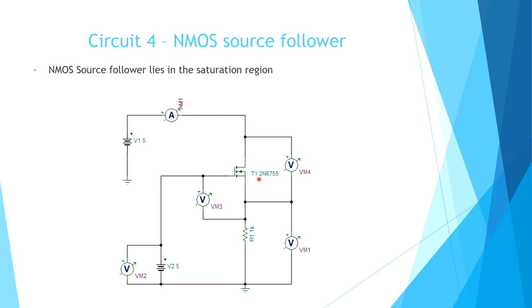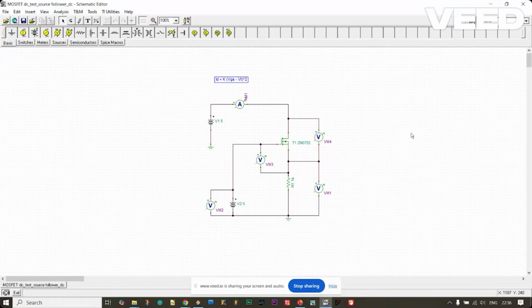There will be some voltage VDS, and you'll see in the simulation that it is in the saturation region. So this is the NMOS source follower circuit, and as I told earlier, it lies in the saturation region, so there is some VDS voltage.